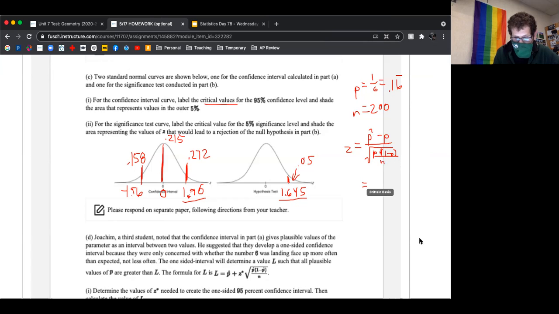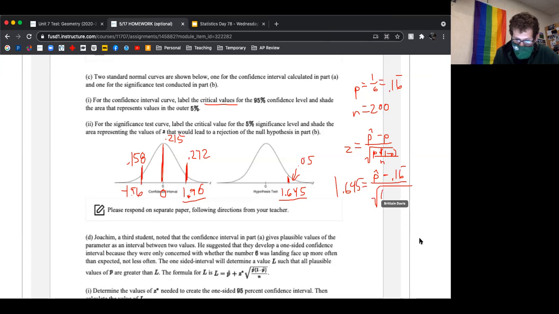I'm sorry if I'm frying your brain, but trust me, I've fried my brain trying to think through this one already. So 1.645, now what we're doing is, rather than solving for the z-score, the test statistic, I'm saying here's the test statistic of interest. What p hat do I need to get in order to have a statistically significant result? So I don't know the p hat that I'm looking for, but I do know that 0.16 repeating is what the null hypothesis is.